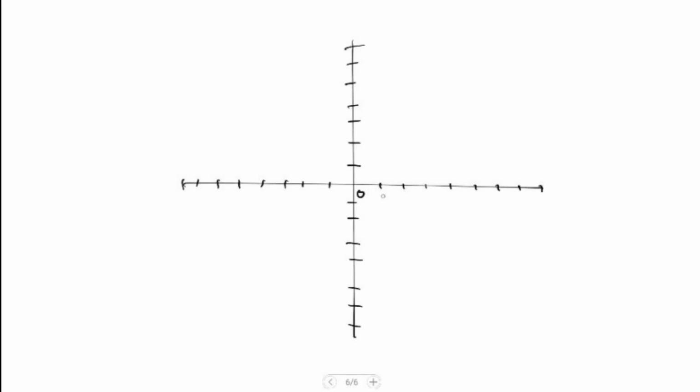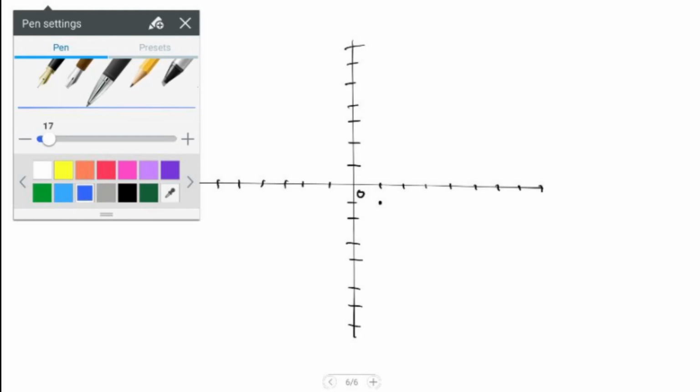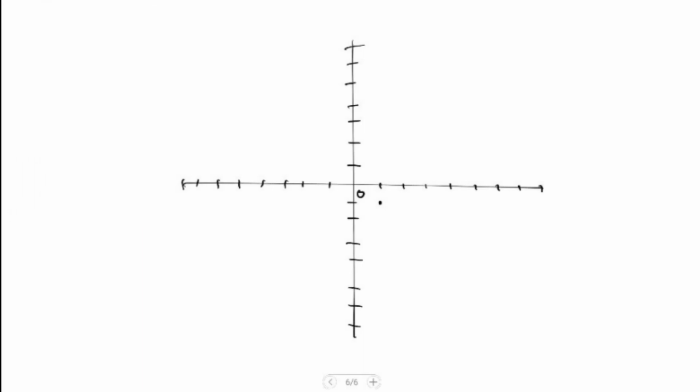So we have (1, -1), that would be this point here. And then we have (-3, -1), so that's minus 3 and minus 1. Let me take a different color for that. And now what we need to do is draw the parallelogram for our point here.